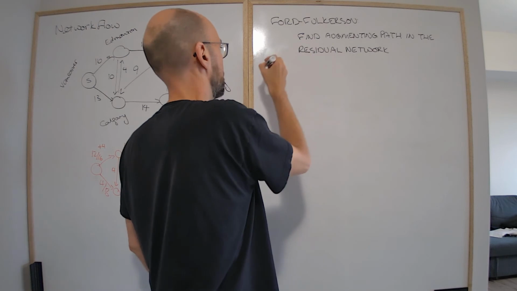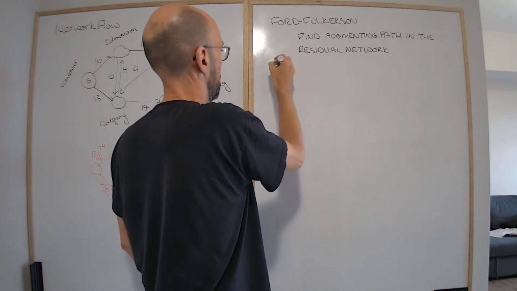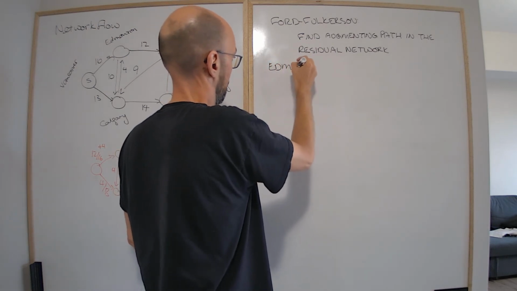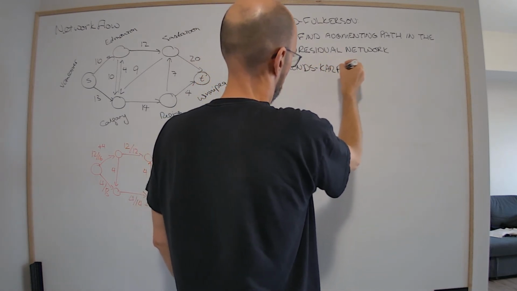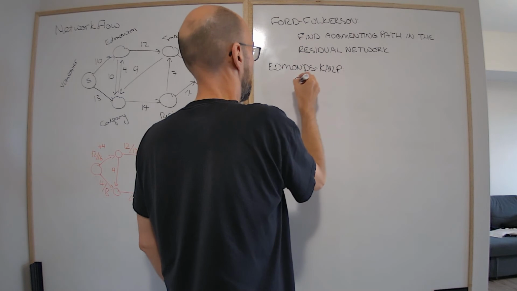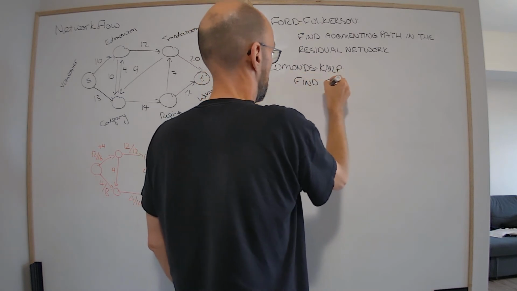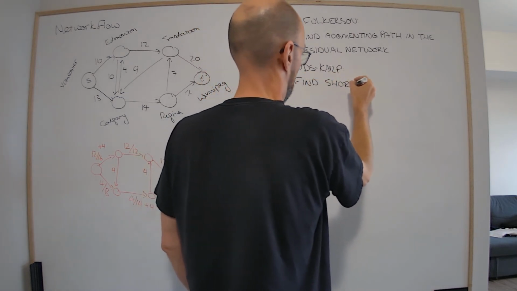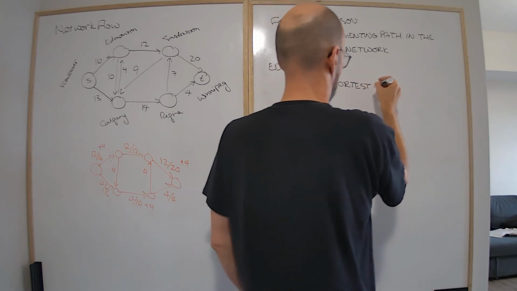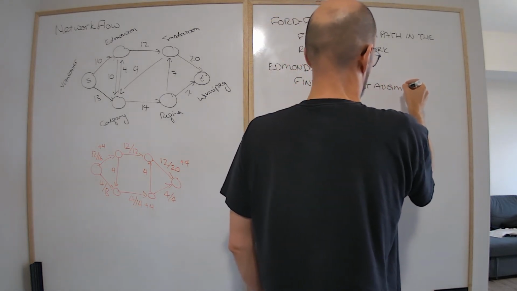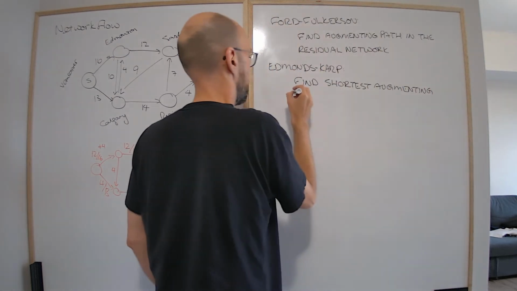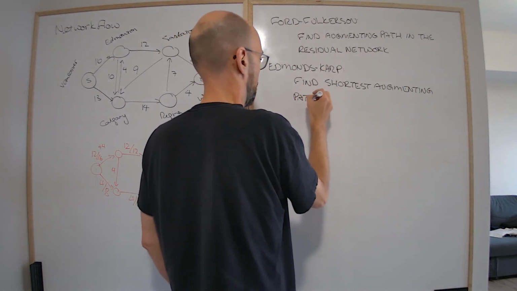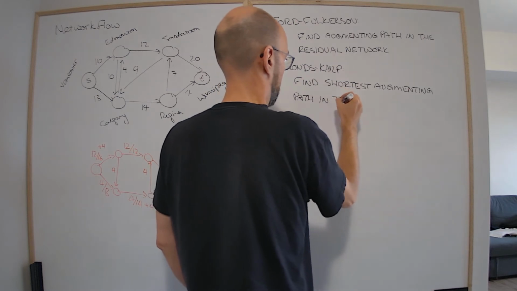And then there's a variation, well, an implementation of this, which is called Edmonds-Karp, which is find shortest augmenting path in the residual network.